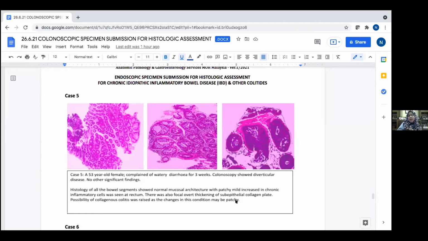But the important thing to note is that collagenous colitis, or lymphocytic colitis, can be patchy. It may not involve all parts of the bowel. In fact, even in the same segment, it may not be present in the entire segment. So multiple biopsies are important. Kind of lucky for this patient, the clinicians happened to biopsy those affected areas.